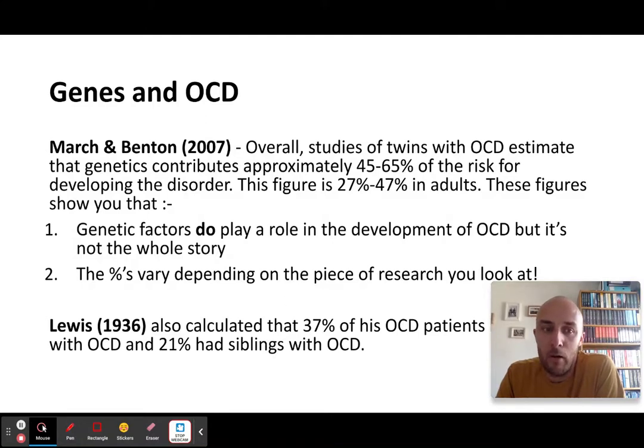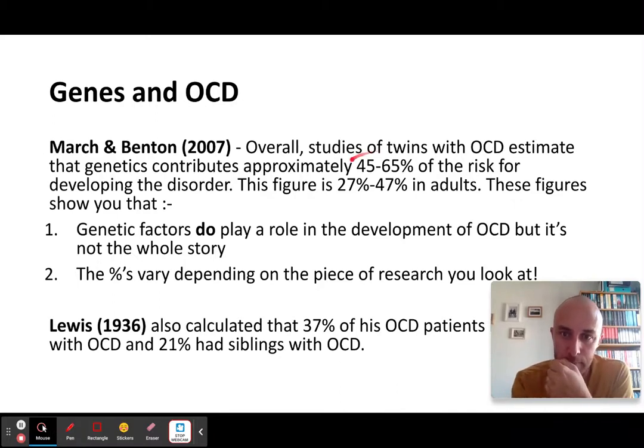So March and Benton. I didn't have the names for this for a very long time until I finally found it. March and Benton looked at studies of OCD twins, and they were trying to put a number on how much of the risk of OCD is genetic. And they've come up with 4 figures essentially.